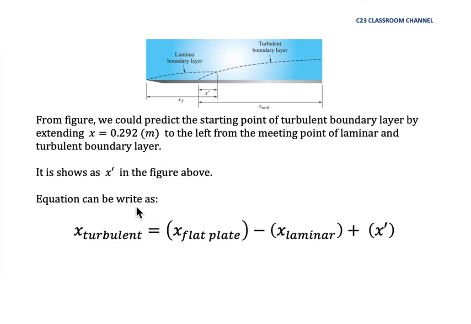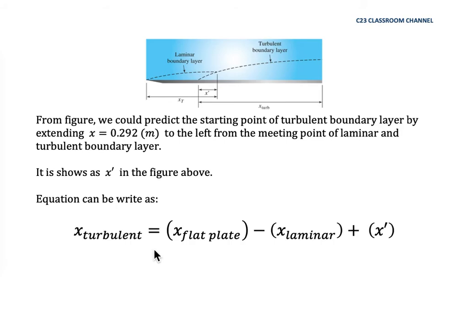So we could say that the total distance that has turbulent boundary layers can be calculated by using this equation. We have a total length here, and then we deduct the length of the laminar boundary layer, and then we add the extension of this length, which is x prime.